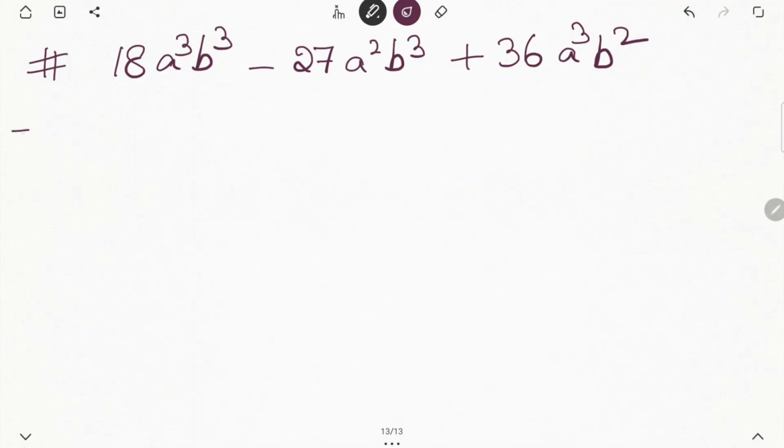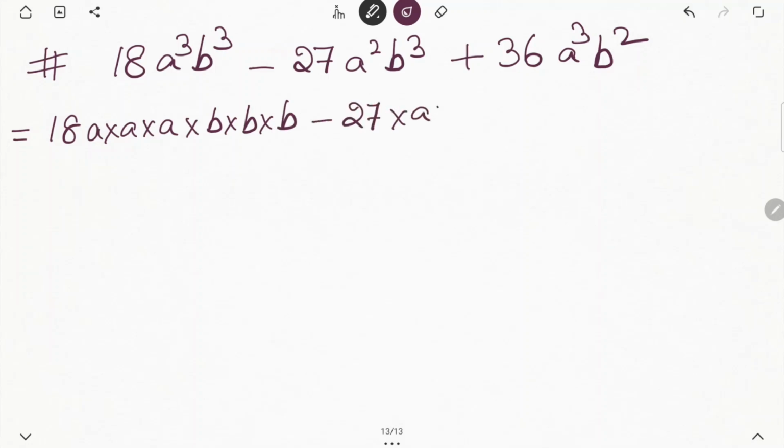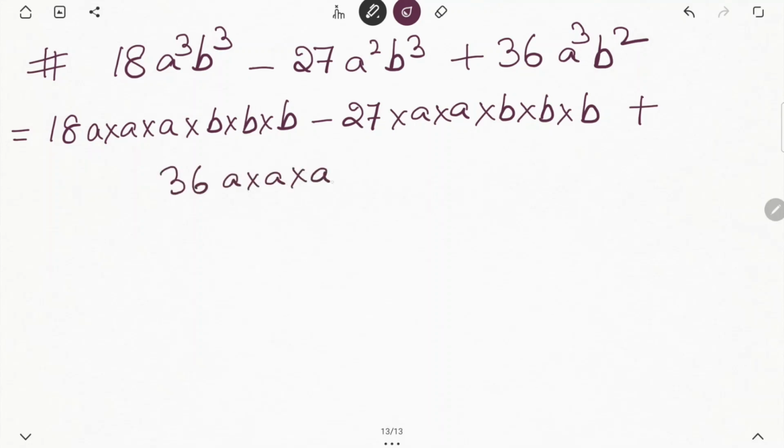Okay, so first let us write the product form, that is a into a into a into b into b into b minus 27 into a into a into b into b into b plus 36 a into a into a into b into b.